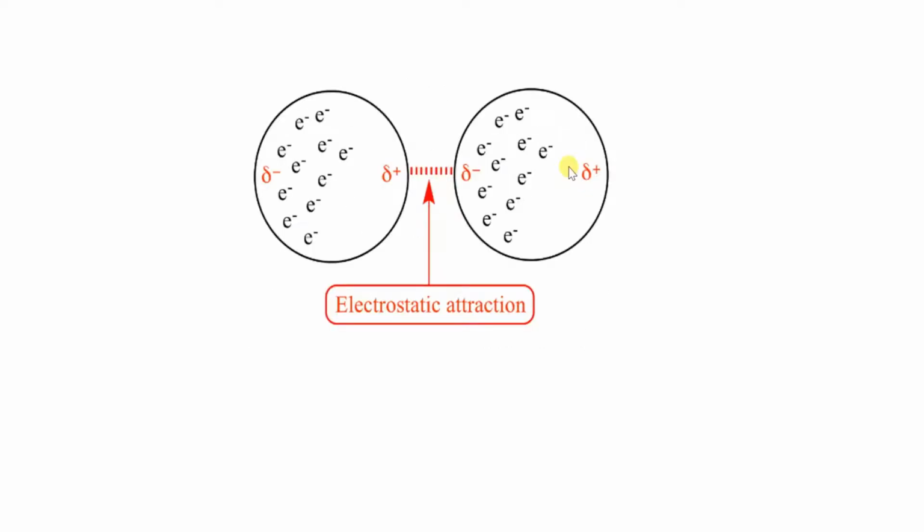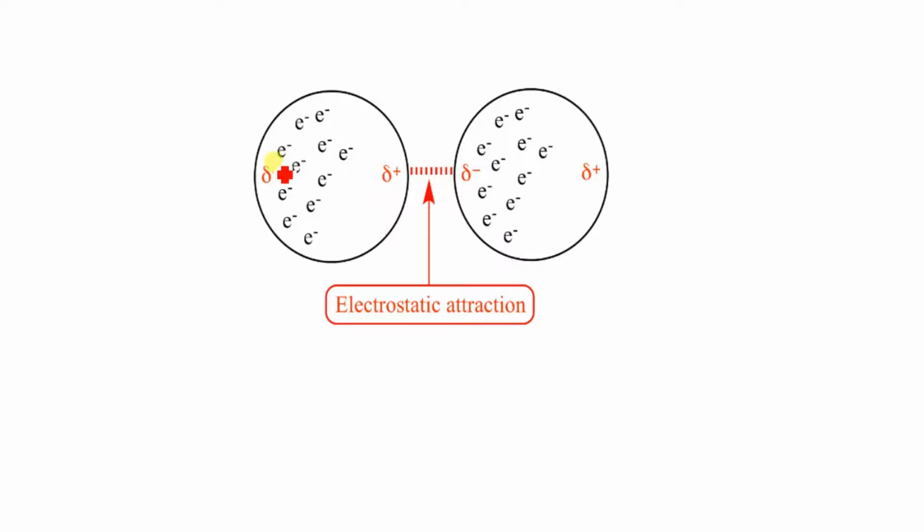So when a second atom or molecule comes close to this temporary dipole, so this is our temporary dipole here with the electrons distributed on one side and the partially negative charge. When a second atom comes near, what happens is these electrons get pushed away by electrostatic repulsion, right? So it's like charge, both negative charge. These electrons on this new atom get pushed away.